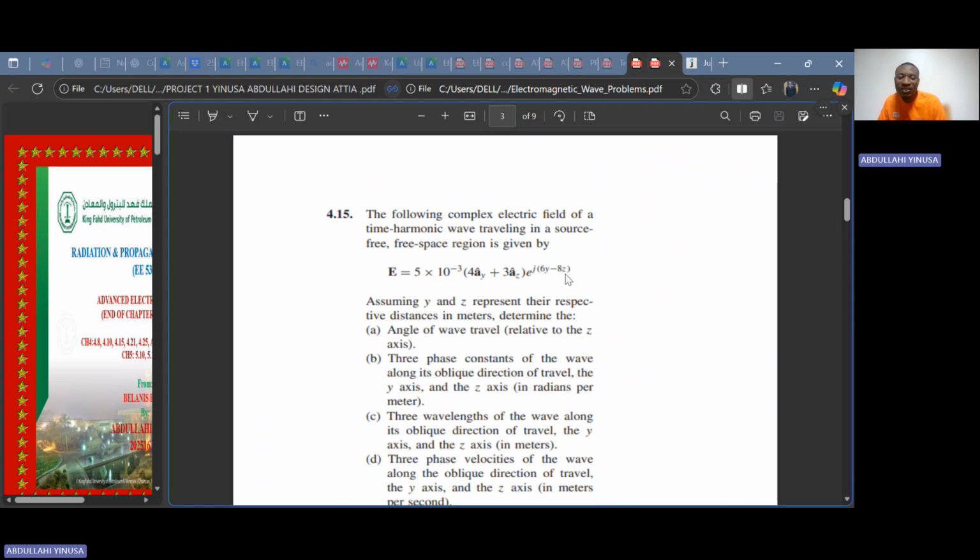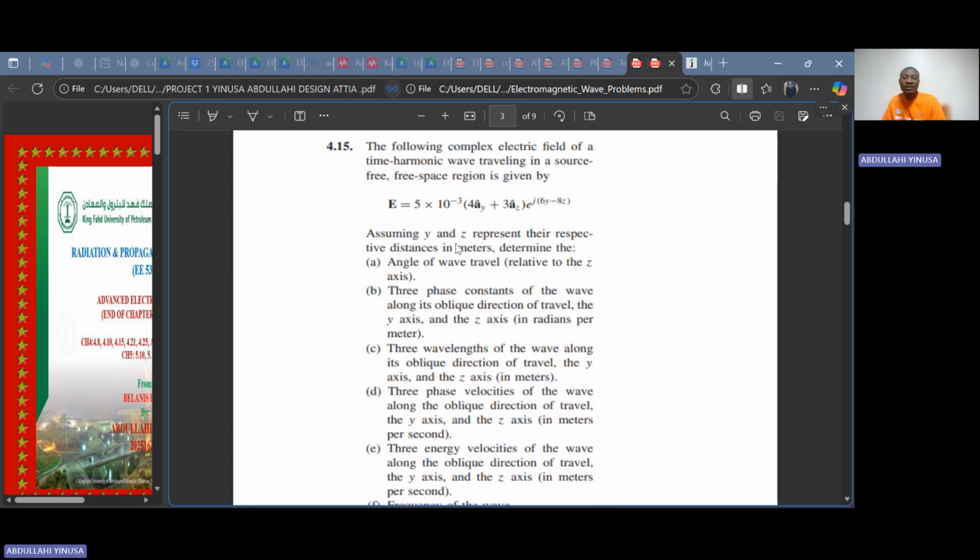So assume that our distances determine the angle of wave travel. How are you going to determine it relative to the z axis? You're going to determine the angle. The angle is going to be cos theta times 0.8, because you take the square root of 6 squared plus 8 squared, that's going to be 10.